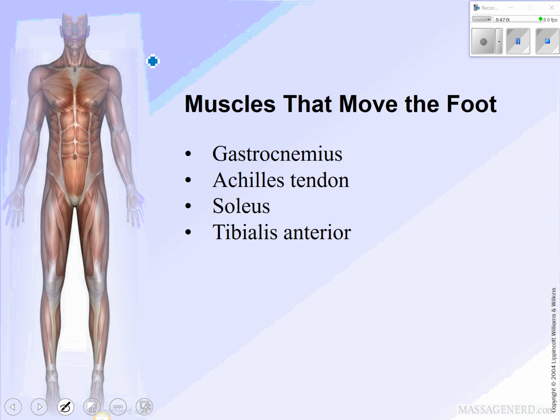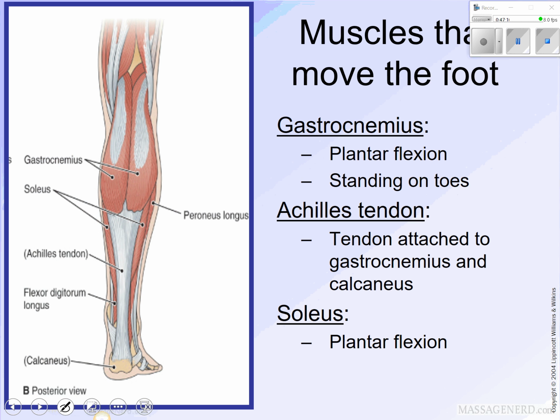So muscles that move the foot that we're going to talk about are the gastrocnemius muscle, your Achilles tendon, also known as your calcaneal tendon, soleus, and your tibialis anterior. The largest muscles associated with your ankle movement are the gastrocnemius and the soleus muscle. So that's why we put those two on the slide together. What they do is produce your ankle extension.